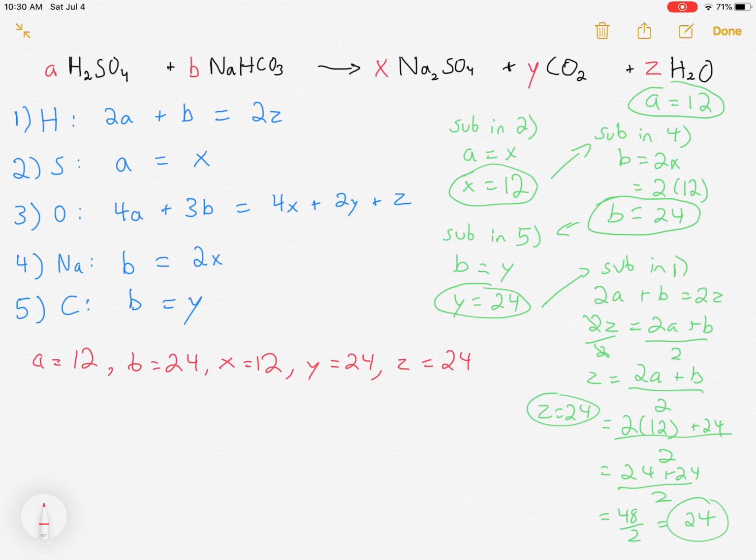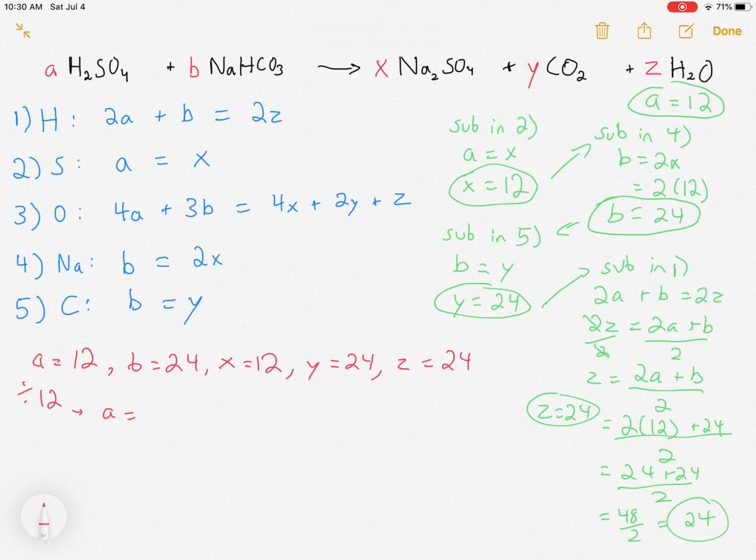So 12, we'll start with 12. We always check for 12 first to see if 12 divides into the other numbers evenly, if those other numbers can be evenly divided by 12 when we set a equal to 12. And they can be, because 12 divided by 12 is 1, and 24 divided by 12 is 2. So this is how we bring everything to lowest terms.